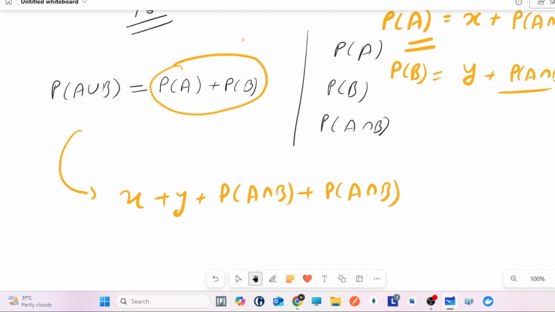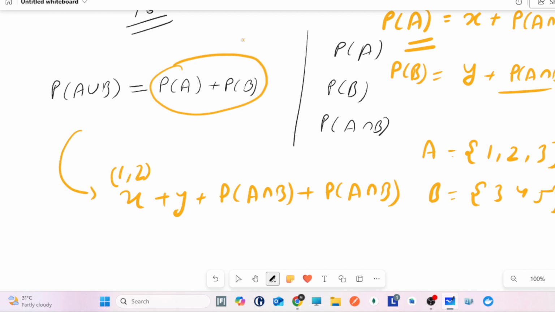But what is the intersection part? We are just taking the unique values. Okay, so just think practically. If A is equal to 1, 2, 3, and B is equal to 3, 4, 5, then in this X part, what I am considering is 1, 2.